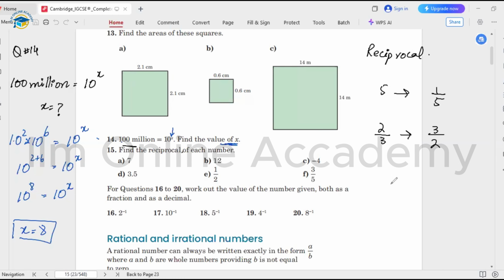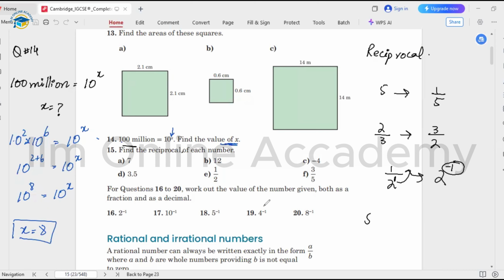Even if I already have a number in the form of a denominator, like in this way, we don't have any power on this number, so we can consider that it has the power 1. Whenever we take the reciprocal of this kind of number, you just need to shift it to the numerator and change the sign of the power. Like here this is positive 1, so when you bring it to the numerator, this will be negative 1.